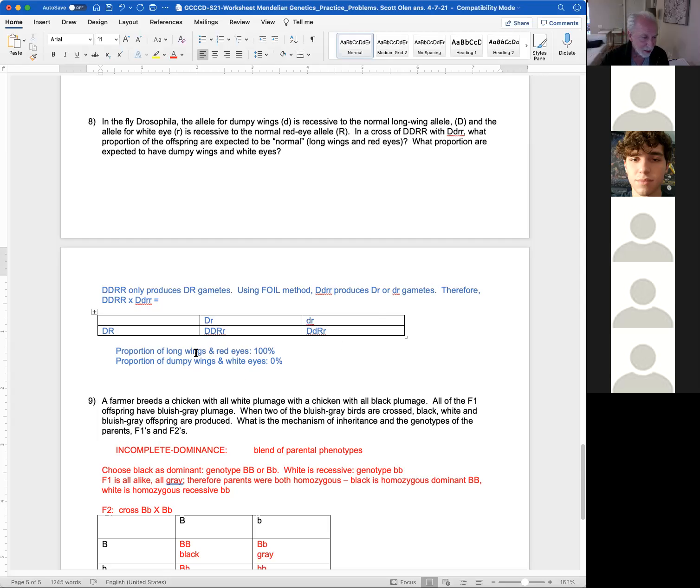And so you can make that into a very simplified Punnett square where one parent has only one kind of gamete, and the other parent can have either of two.